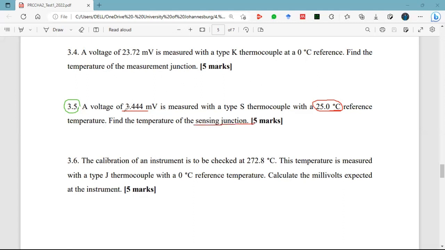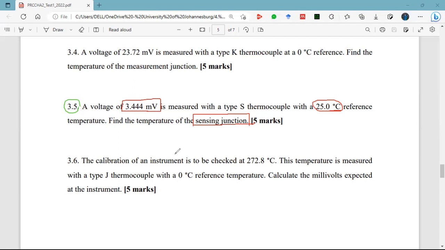I hope you guys are following and won't be lost on this one. You measured this when your reference temperature was 25, and you need to find the temperature at the sensing junction. If you had a table that had a reference temperature of 25, it was going to be a standard procedure that you do, right?